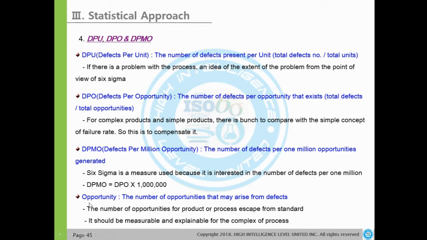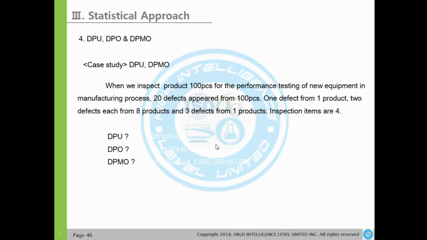The opportunity is the one we choose as an inspection criterion. So this is the case study. When we inspect 100 pieces of product for the performance testing of new equipment in manufacturing processes, 20 defects appeared from 100 pieces.